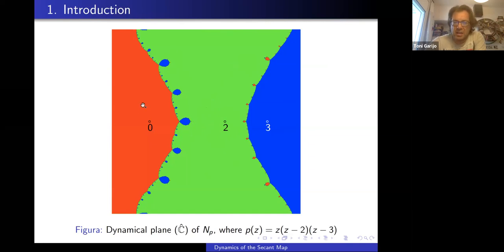For the basin of attraction of 0, this is the immediate basin of attraction, and the other small red components are pre-images, and the same happens for the basin of attraction of 3.